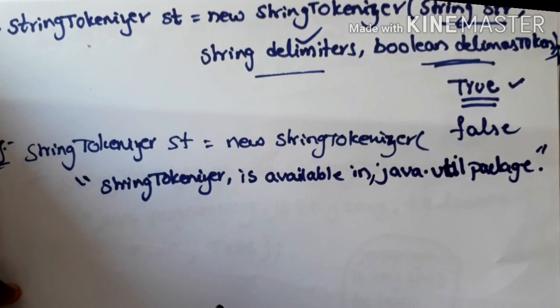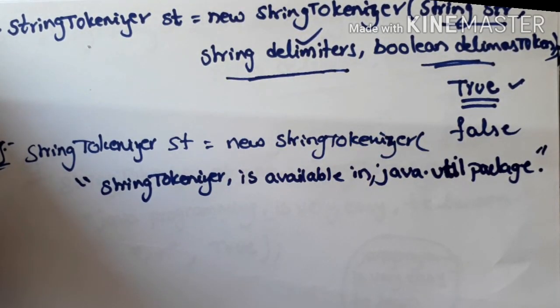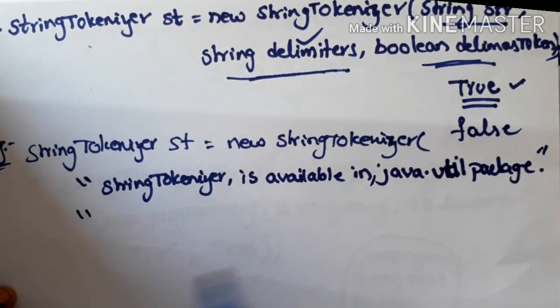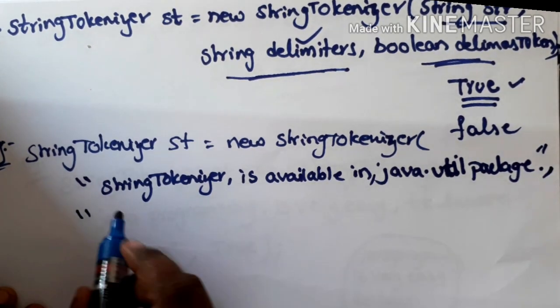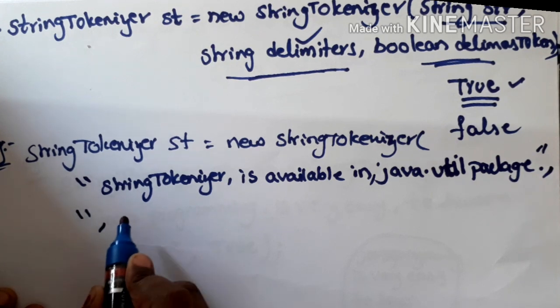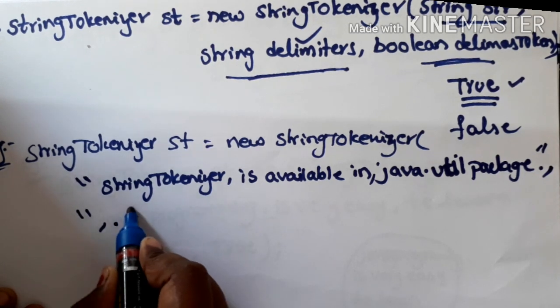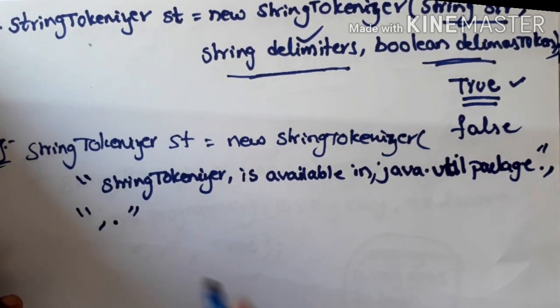Comma here. Then what are the delimiters? While tokenizing the string, using what delimiters I have to tokenize, that I need to pass as the second parameter. So my delimiters are comma and full stop. I want to take the help of these two delimiters while tokenizing the string.